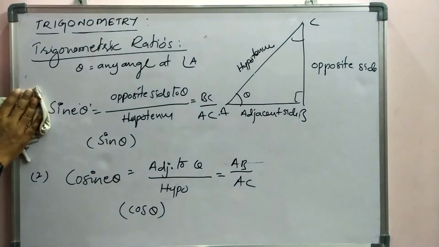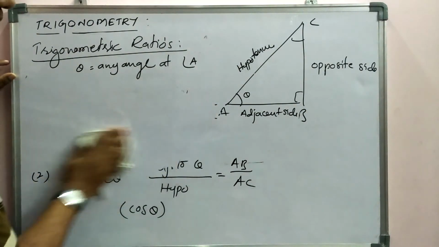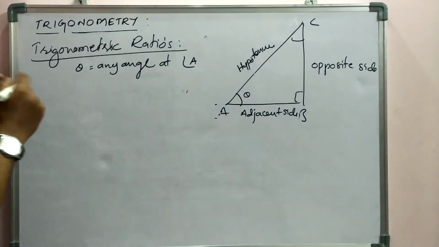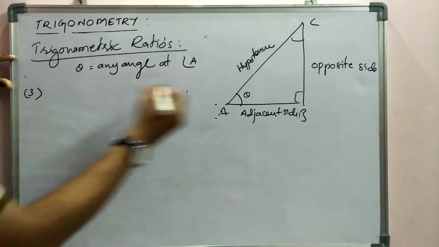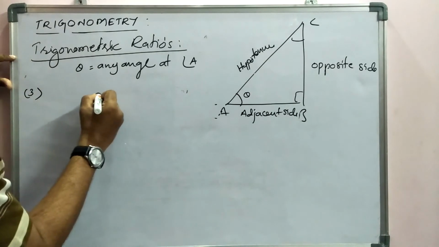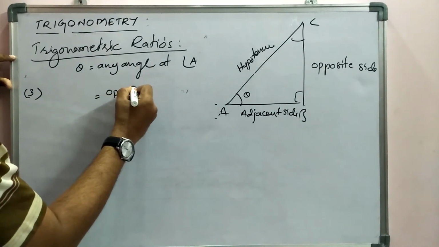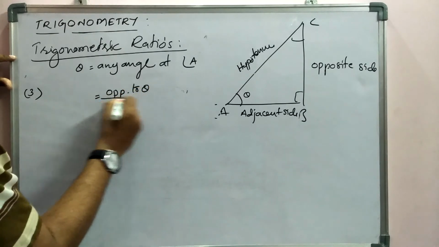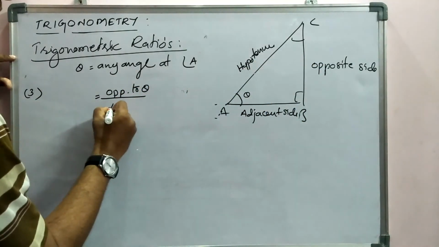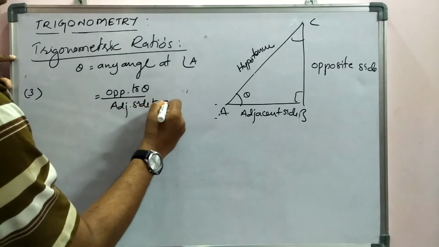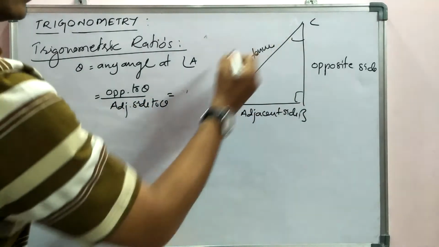Then the third ratio is opposite side to theta by adjacent side to theta. What is the opposite side to theta?